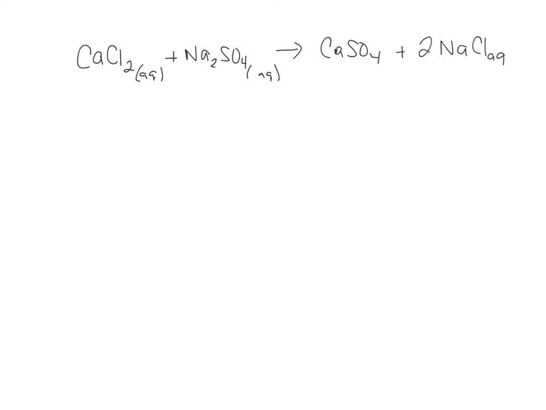Now, all chlorides are soluble if they are with ammonium or group 1 metals, and calcium sulfate is our solid. So then we would have calcium sulfate solid dissolving into its ions at equilibrium.